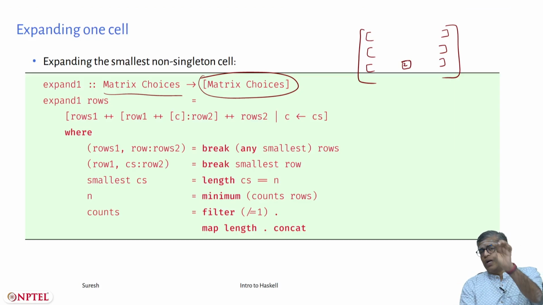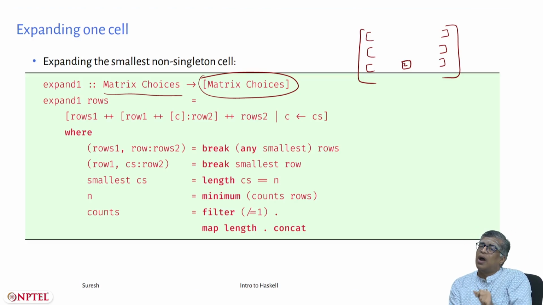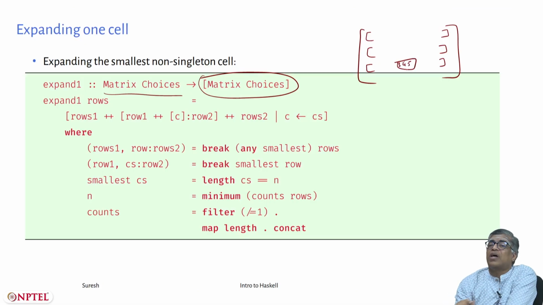That's a grid element where you are saying either 4 is possible or 7 is possible. That's only 2 entries, and everything else is either a singleton entry or clearly more than 2 entries. Or it could be 3 entries here, so I might have something where I say 3, 4 or 5, and every other entry is a singleton, meaning that particular cell is fixed, or has greater than or equal to 3 elements.